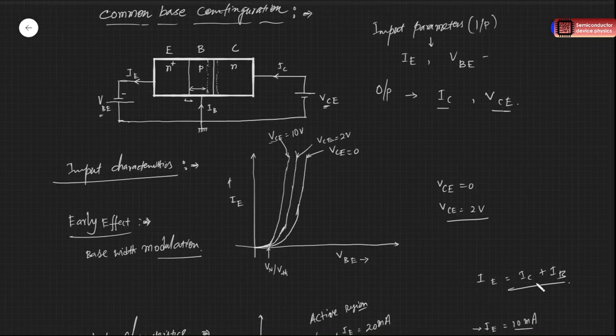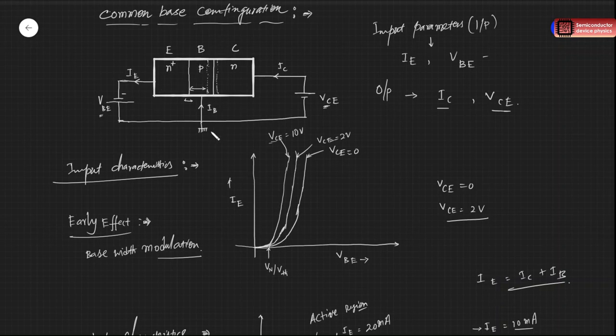As they are interrelated, in this bias condition our IC also increases. As we increase the VC, we are not keeping the IC constant here, so the IC will also increase, and effectively the emitter current increases because we have higher concentration gradient.